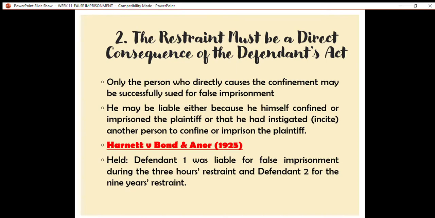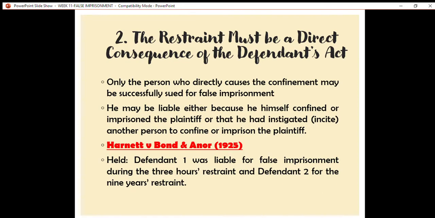That means he cannot take care of himself, for example. On his second day out, the plaintiff went to his friend's office, and defendant 1, who was there, was of the opinion that the plaintiff was acting strangely. So he thought that the plaintiff was of unsound mind at that time.